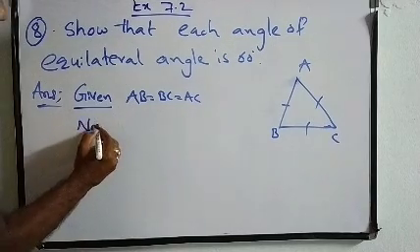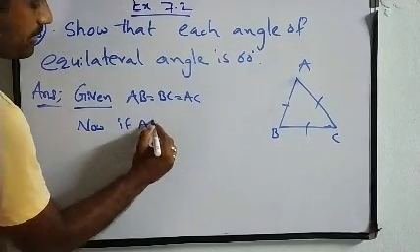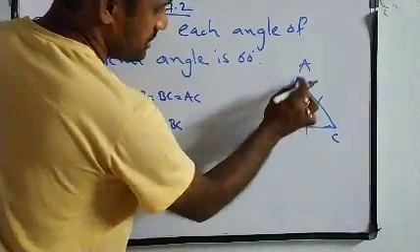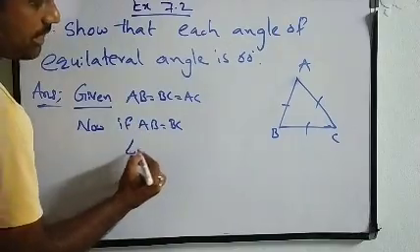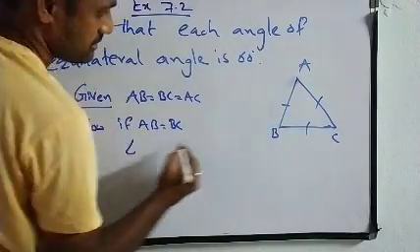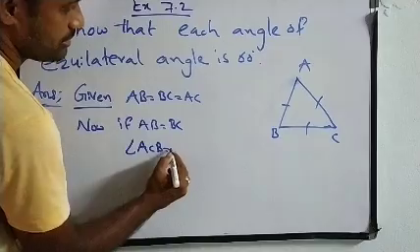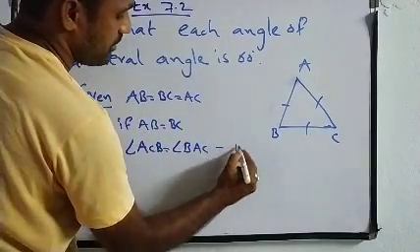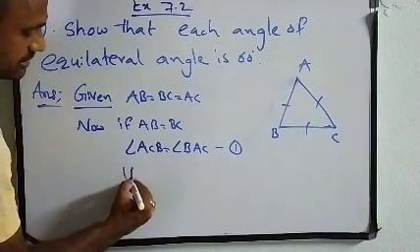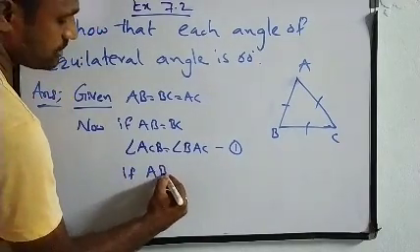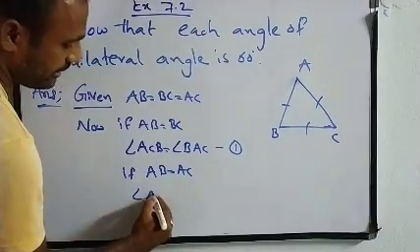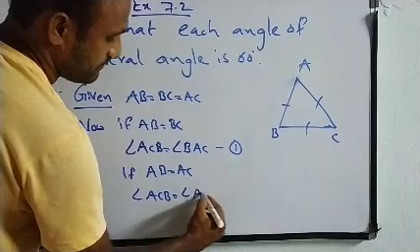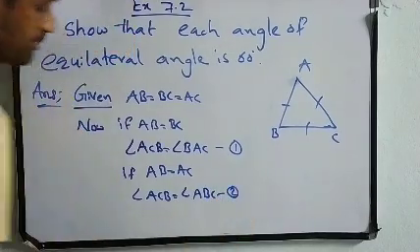Now if AB is equal to BC, then the opposite angles are equal: angle ACB is equal to angle BAC. Keep it as the first equation. Next, if AB is equal to AC, then angle ACB is equal to angle ABC. So keep it as the second.